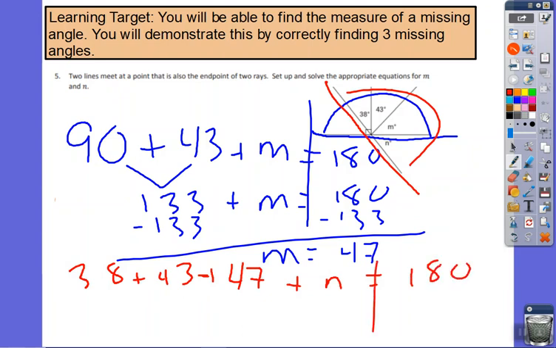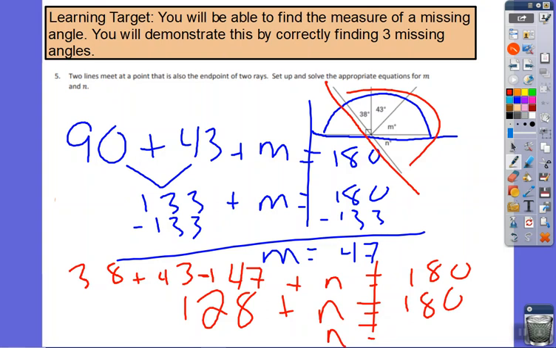So I'm going to add up 38 plus 43 plus 47, and that makes 128. To solve it, I'm going to subtract that 128 from both sides, and that is going to leave 52.